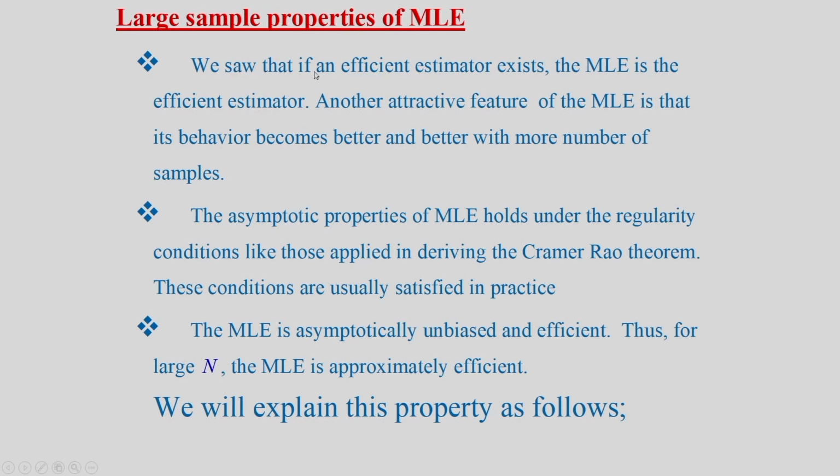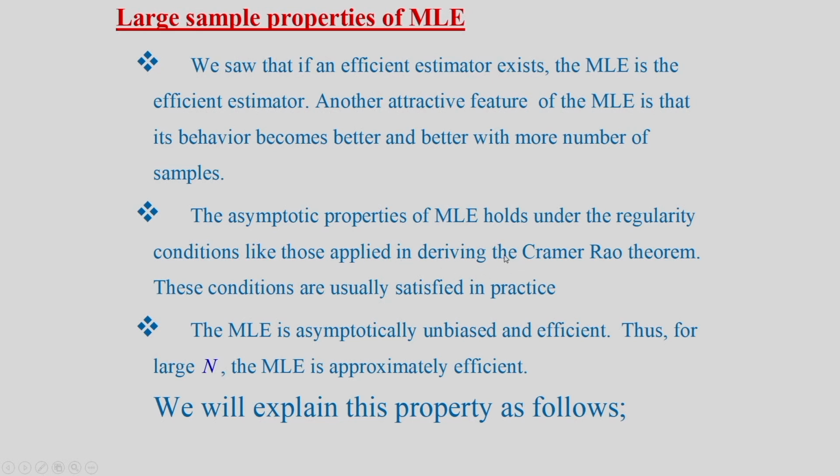We saw that if an efficient estimator exists, the MLE is the efficient estimator. Another attractive feature of MLE is that its behavior becomes better and better with more number of samples, that we will establish now. The asymptotic properties of MLE hold under the regularity conditions like those applied in deriving Cramer's theorem.